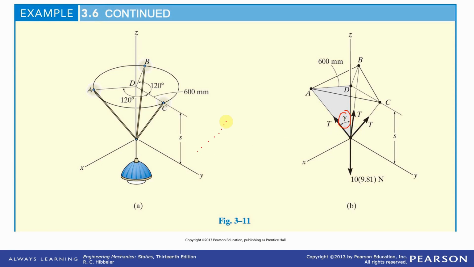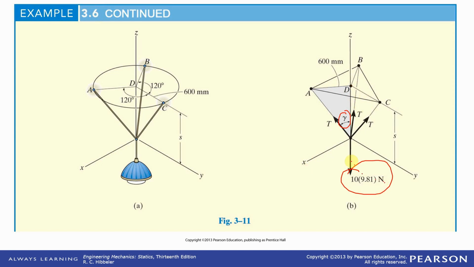So we have T cosine 30 is going to be the z-axis forces, and the only force acting down is in the z-axis. The other 3 are equal and symmetric, so they are going to sum to 0.